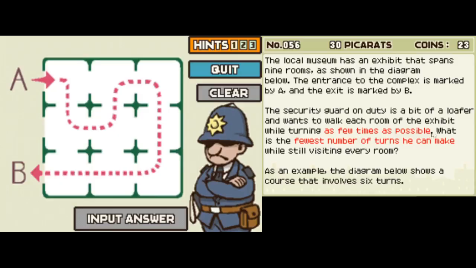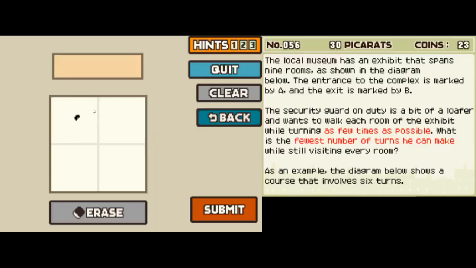That's a few turns. What is the fewest number of turns he can make while still visiting every room? Let's see. 1, 2, 3. Oh, 3. But this course involves 6 turns, so I cut that in half. So the amount is 2. That should be the answer. That should do it. I hope.